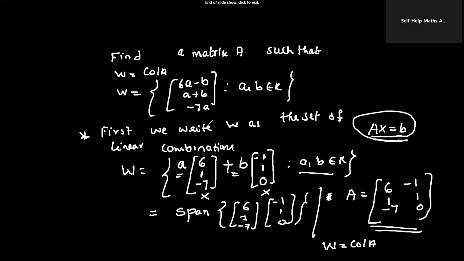All right, now let us see another example where I'm going to talk about whether it is in the column space or in the null space. Let's see this example where A equals 2, 4, -2, 1, then -2, -5, 7, 3, then 3, 7, -8, 6.